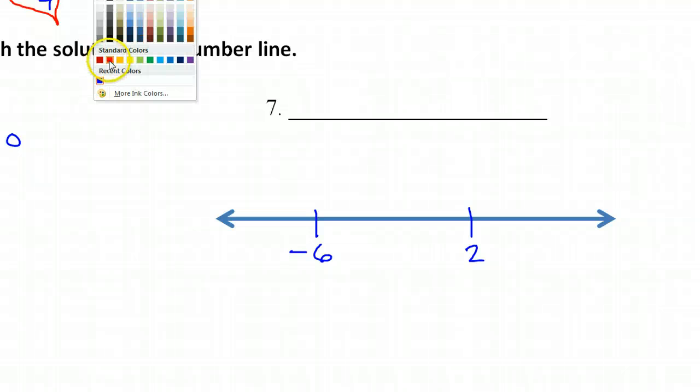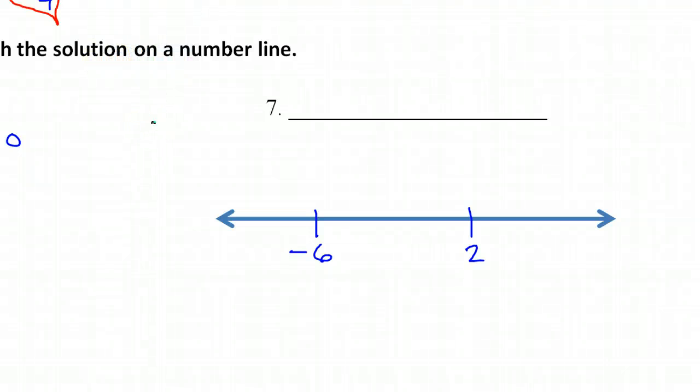You can pick any number you want. In this zone, I've got negative 6, so I could pick negative 7, negative 8, negative 9, anything in this area. I think I'll pick negative 8. That will be my test value there.